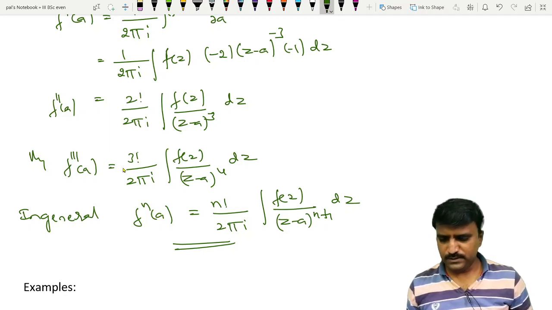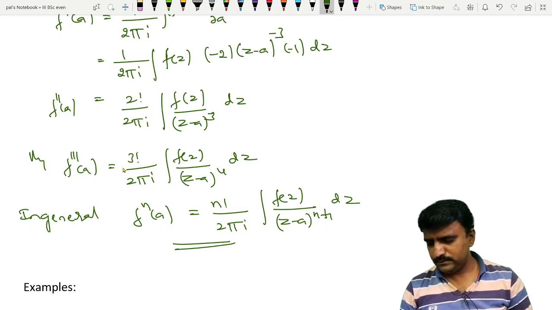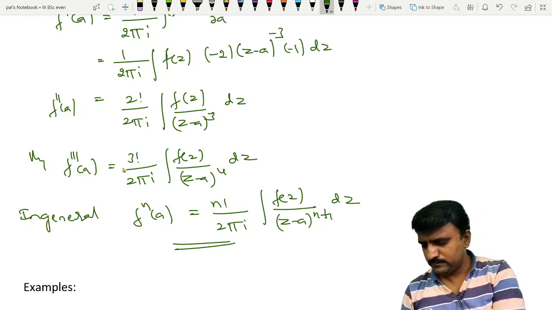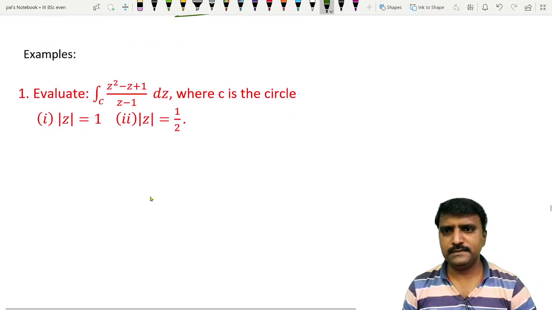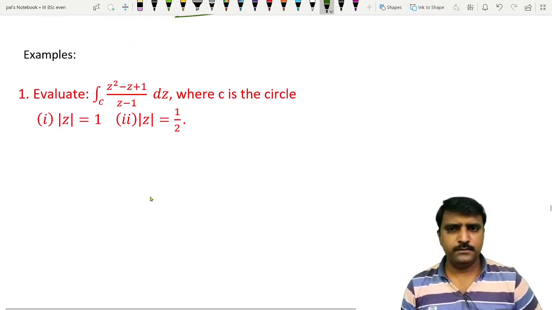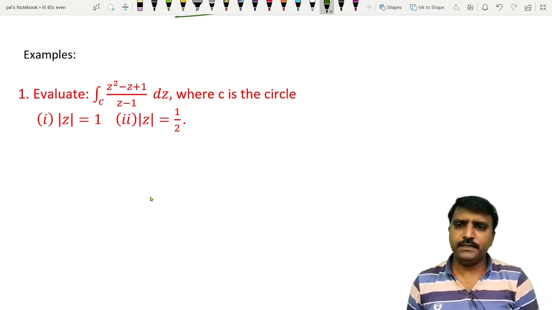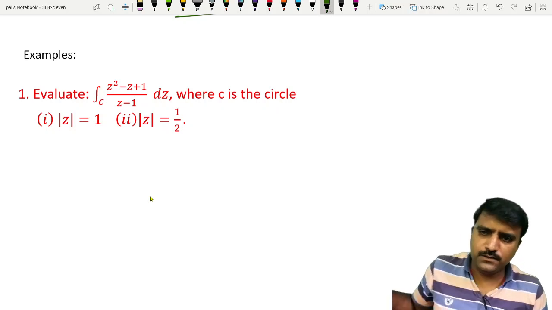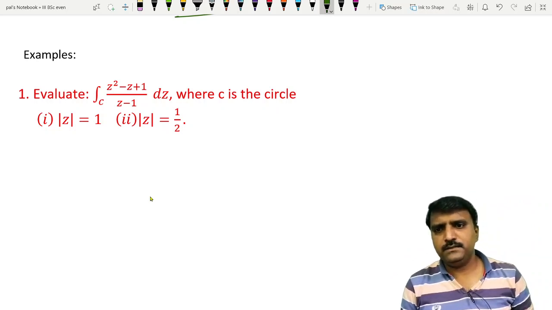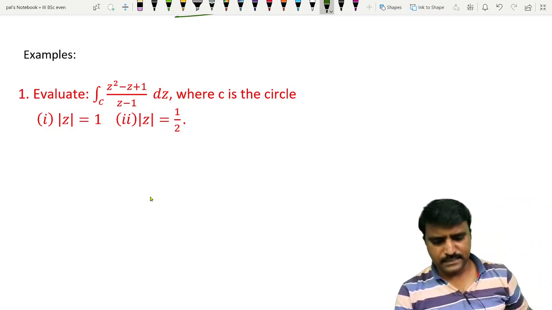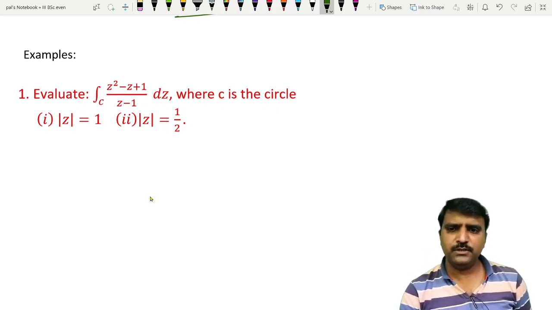So take one example of this type. It is a very simple example. Evaluate integration of z square minus z plus 1 by z minus 1 into dz, where c is the circle. In the first case mod z is equal to 1, in the second case mod z is equal to 1 by 2.